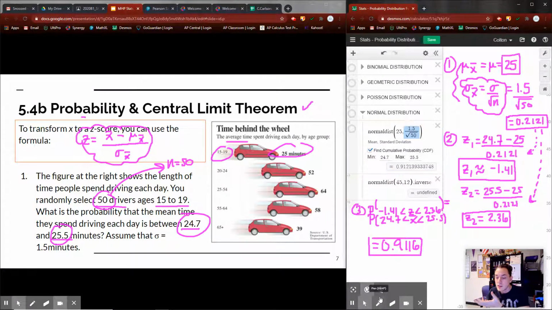Now, which one's more accurate? To be honest, it's this one. It's this one that's more accurate because you don't lose as much rounding. The reason you lose a lot when you plug this in is because this is rounded. You rounded the standard deviation of your sample means, then plugged that rounded answer in for your z-score, so you got another rounded answer within a rounded answer, namely your z-scores.